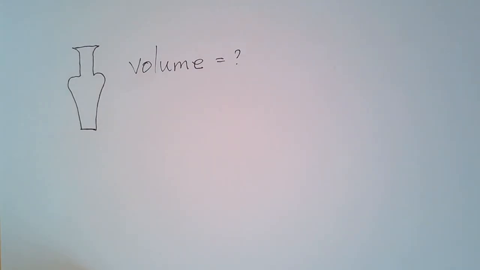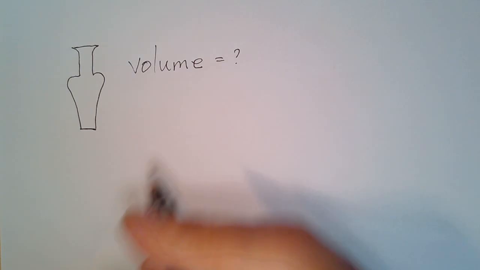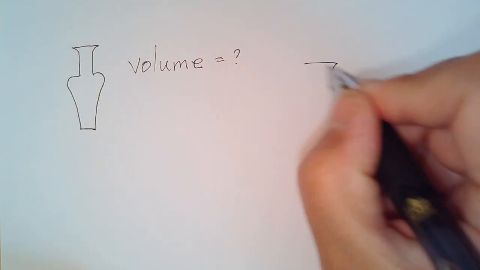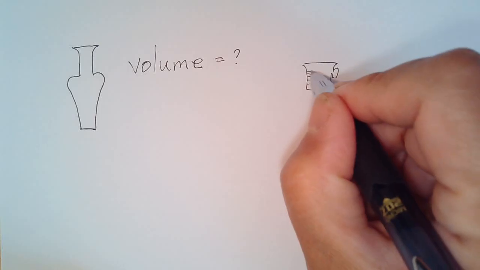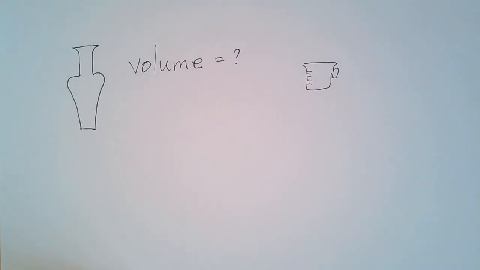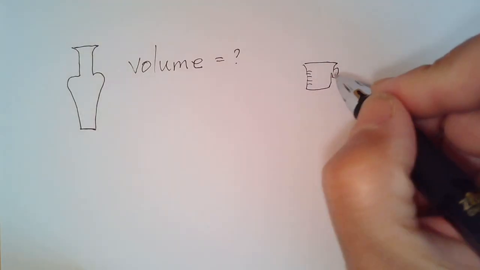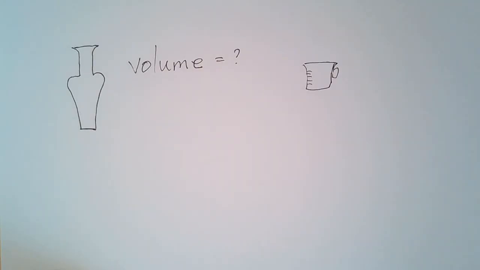It's a good question, right? Okay, I'll tell you a little trick. If you really want to do this, you fill it up with water, and then you pour the water into a measuring cup. It shows the line, so you know how much is the volume. So that's one way to find it.